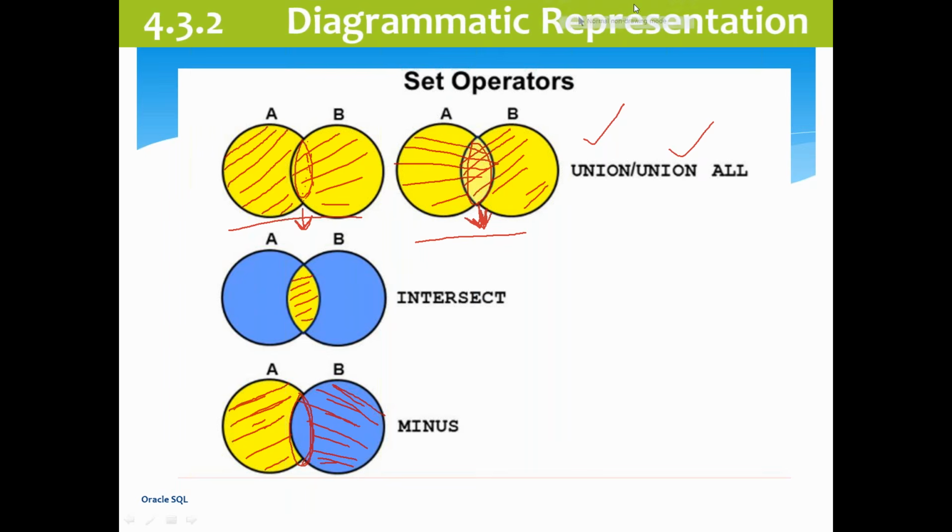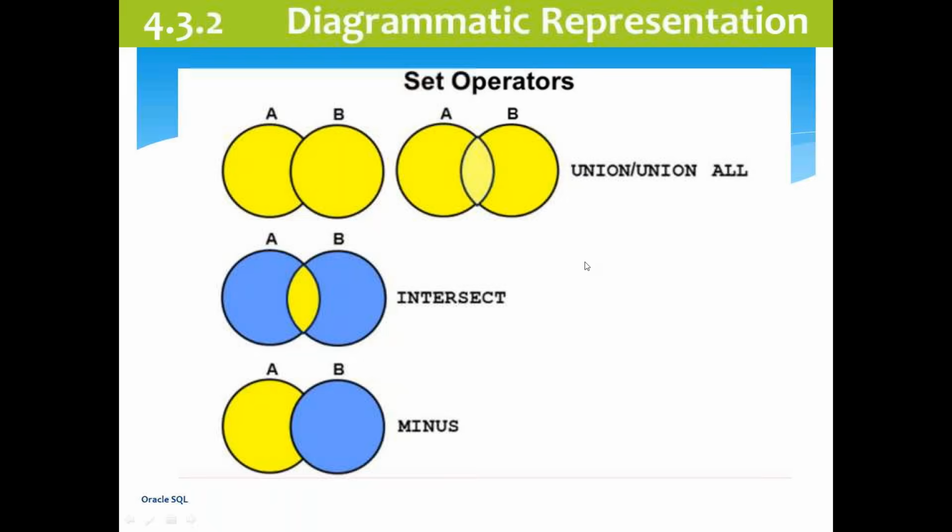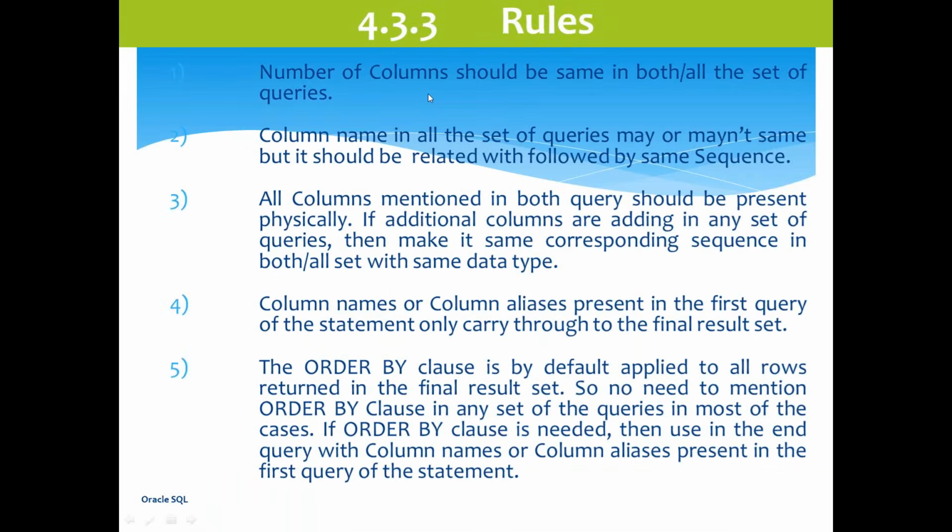And now some rules are there. Using those rules, we can write the queries and get the result. So first of all, before that, we can go with some set of values.